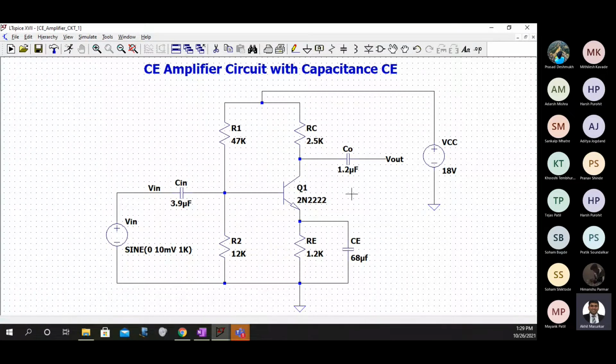So use this Q1, 2N2222. Now I want you all to put this circuit in the chat box.